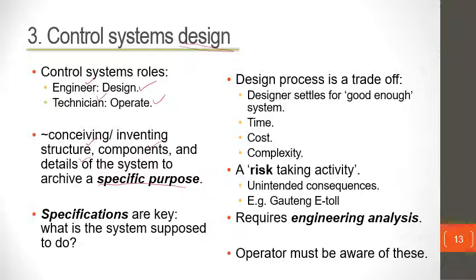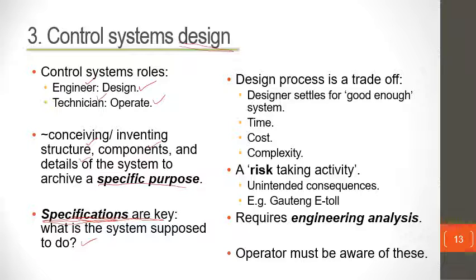So the design relies upon a set of key specifications. Specifications of a control system are key whenever you want to design one. The specifications effectively tell us what the system is supposed to do.